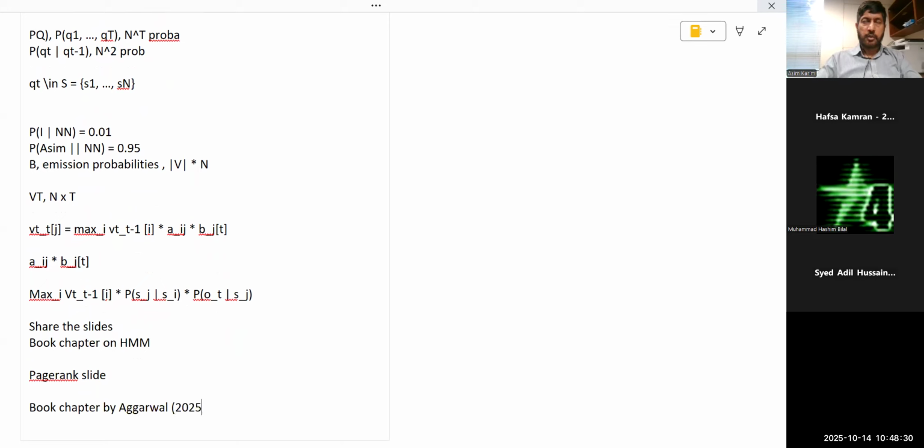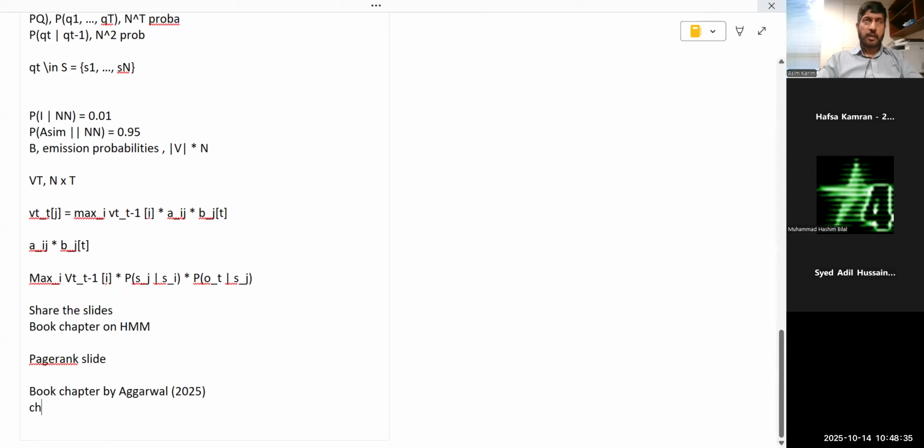This is a new book actually, 2025, Probability and Statistics for Machine Learning. Chapter 10 is the relevant one. So this would be for supplementary reading. I would not force you to read this as part of your course. It covers Markov chains, HMM, PageRank, and other applications. But it has a bit more theory, for those who are interested in a more mathematically rigorous way, so they can look at this.